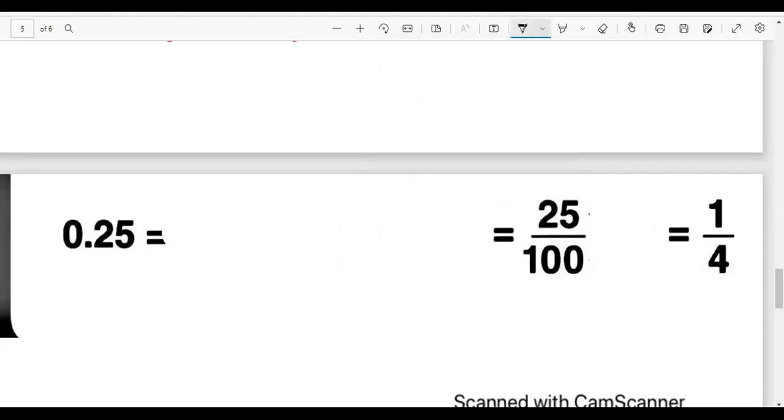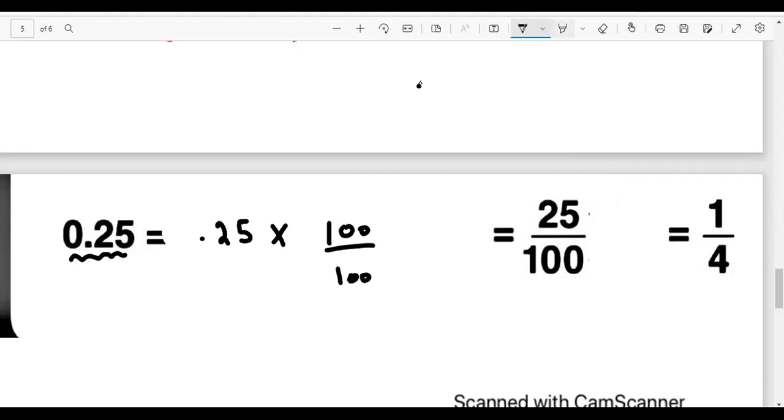Now imagine you have a decimal number. Let's say 0.25. Very good, Kabir. Acha, imagine you have 0.25 and you are interested in converting it to a fraction. Okay, so what we're gonna do is 0.25 would be multiplied by a fraction, that is 100 by 100.